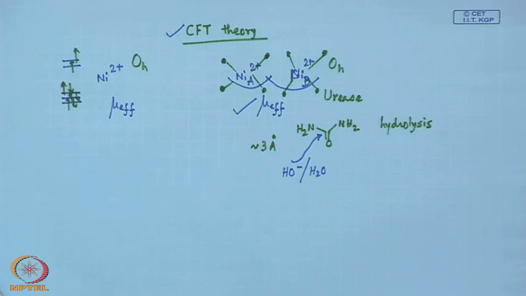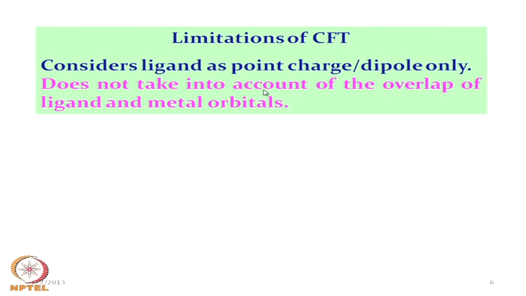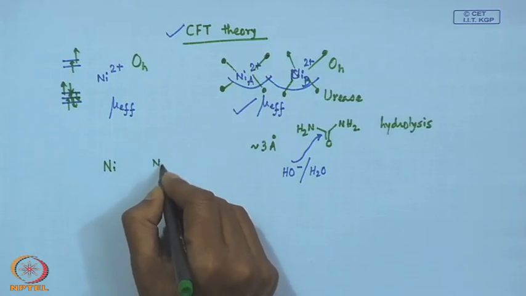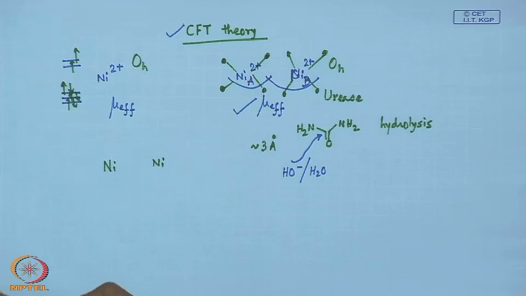So, that basically gives us some idea that when we talk in terms of crystal field theory, considering the ligands as point charges or dipoles only, we are not considering any kind of overlap between the metal and the ligand orbitals. If we have two centers, such as these two, they can be nickel 2 or copper 2.